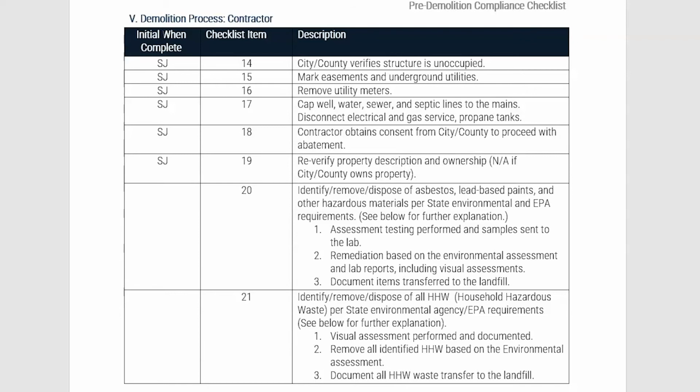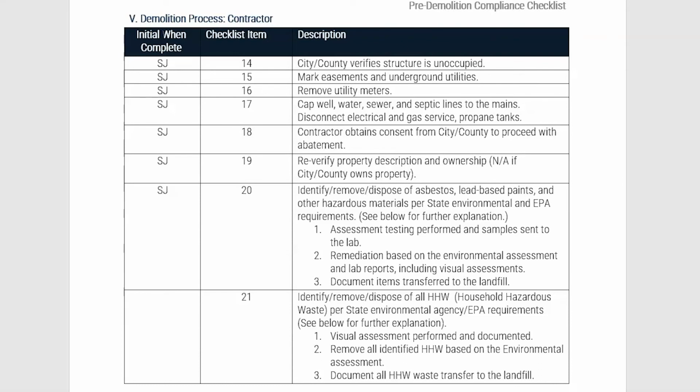The environmental review should have identified required remediation requirements based on the results. The subrecipient should document all remediation and abatement activities and document items transferred to the landfill. Once subrecipients have ensured these hazardous materials have been properly disposed of and filed, the subrecipient can initial.